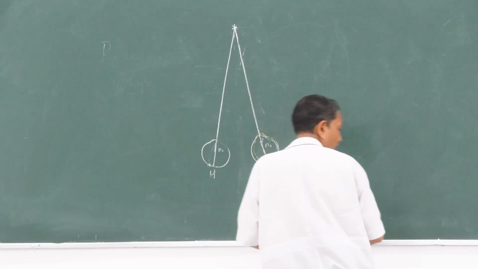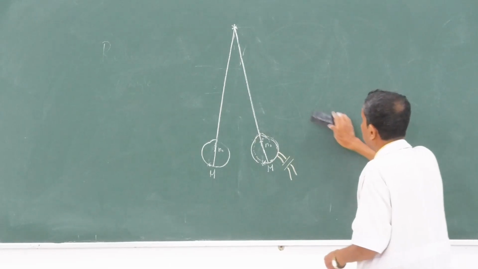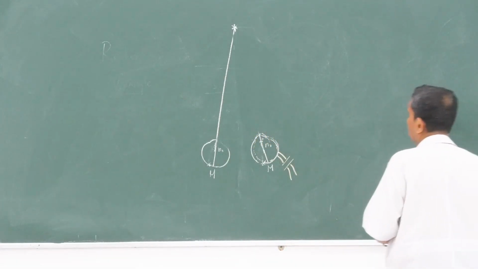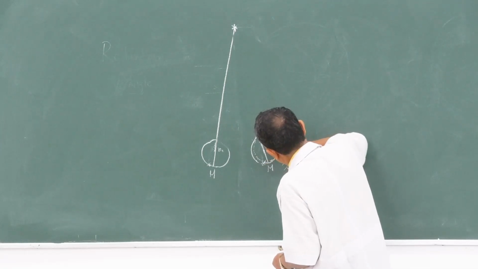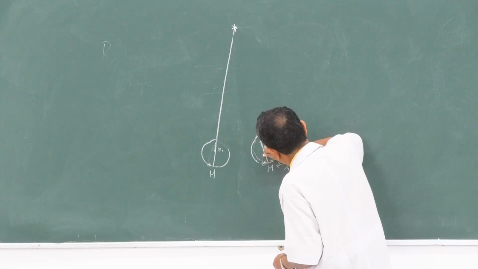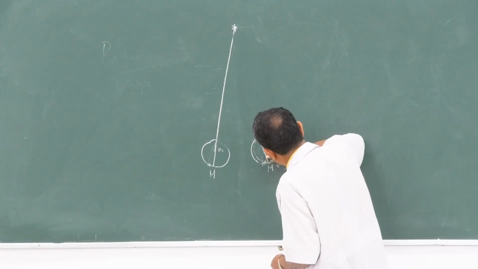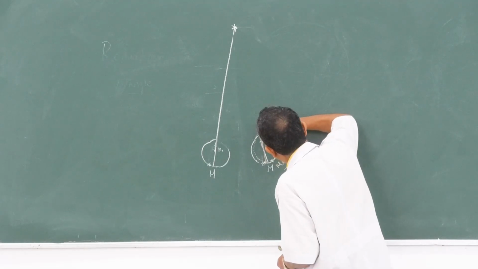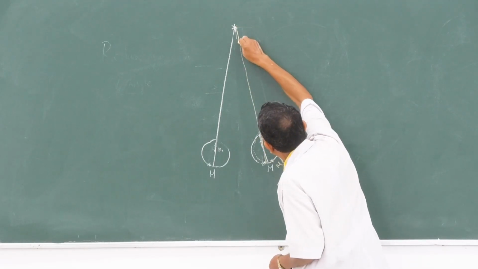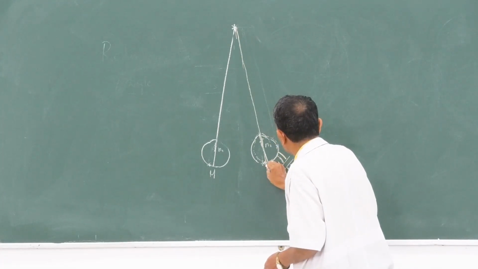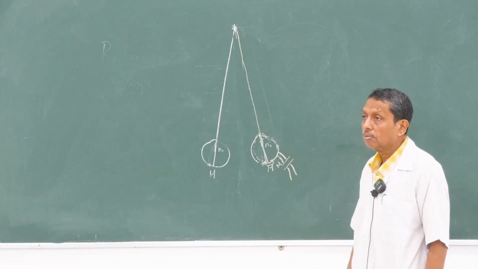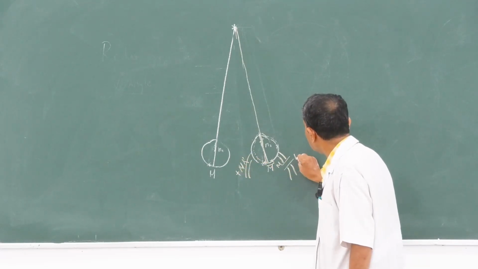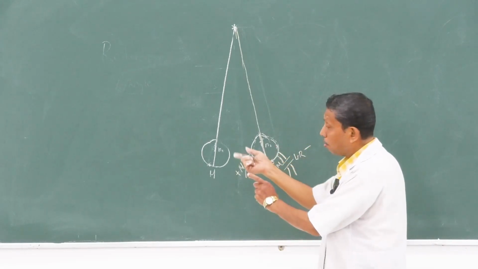The medial rectus is active and the lateral rectus is inactive, and there is some rotation.